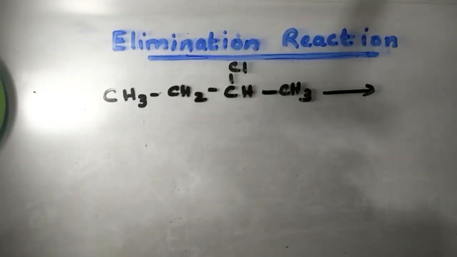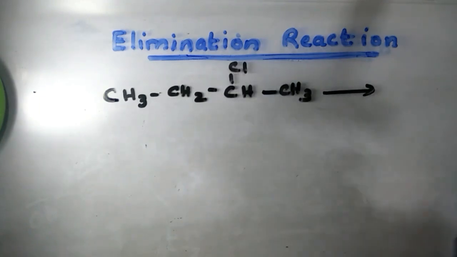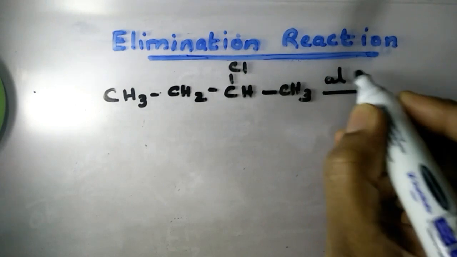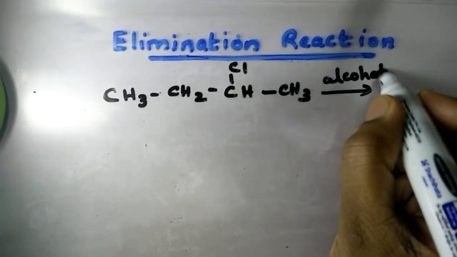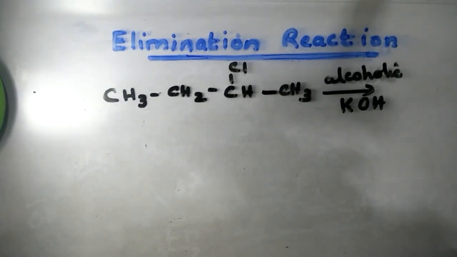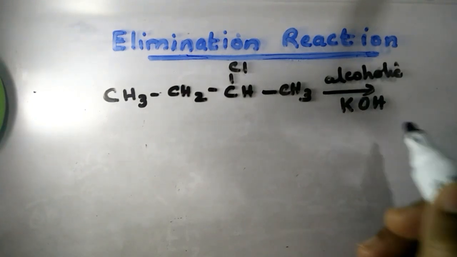Another example is CH3CH2CHClCH3, treated with alcoholic KOH, you get the beta elimination product. Due to alcohol, KOH, that is potassium hydroxide, acts as a base and undergoes elimination reaction.